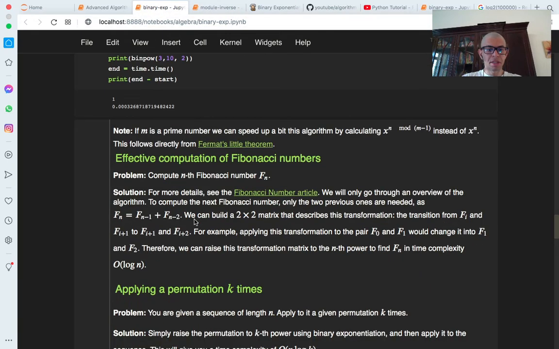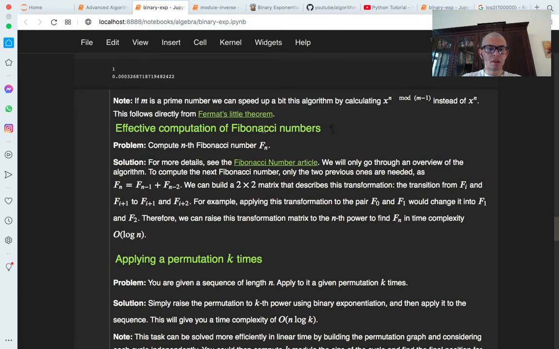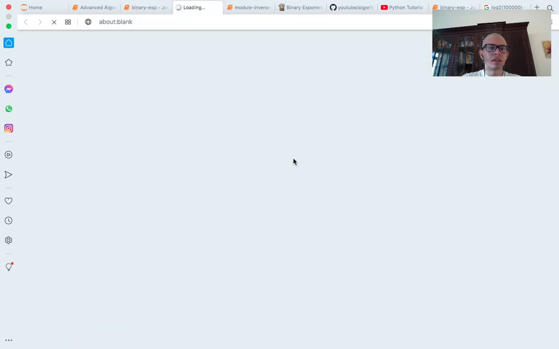Also, some other applications: you can have an effective computation of Fibonacci numbers, and we have also an exercise on it. Just a little intro to Fibonacci numbers if you don't know them.